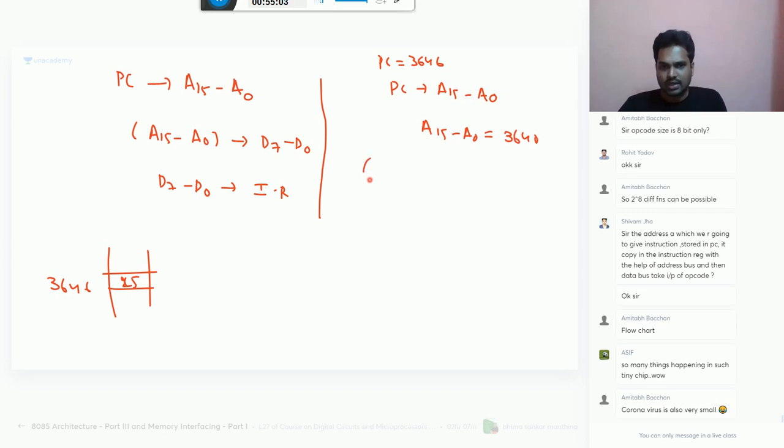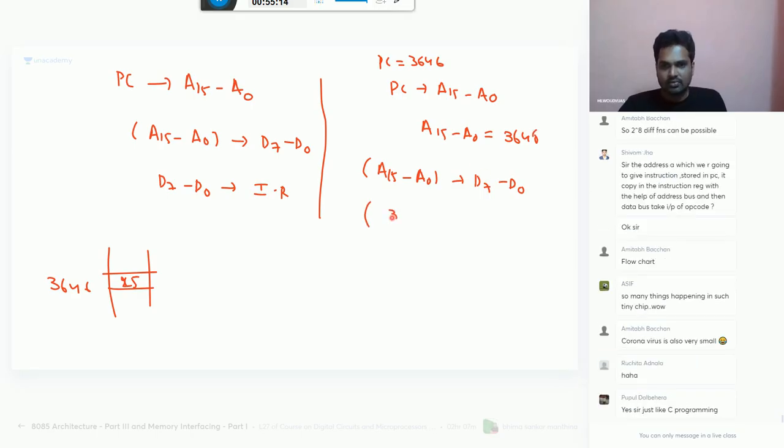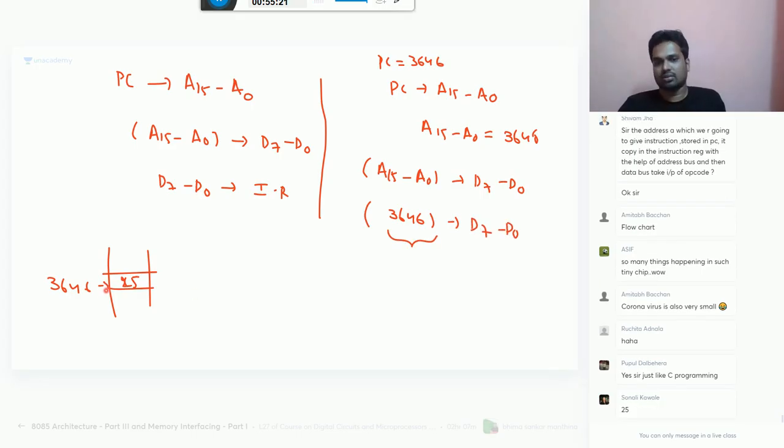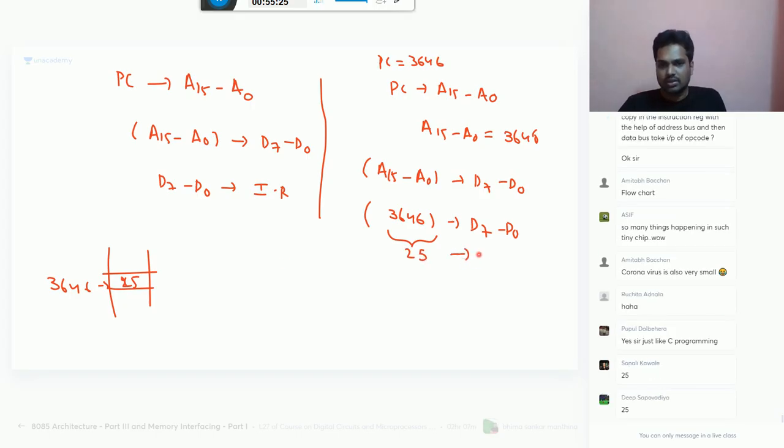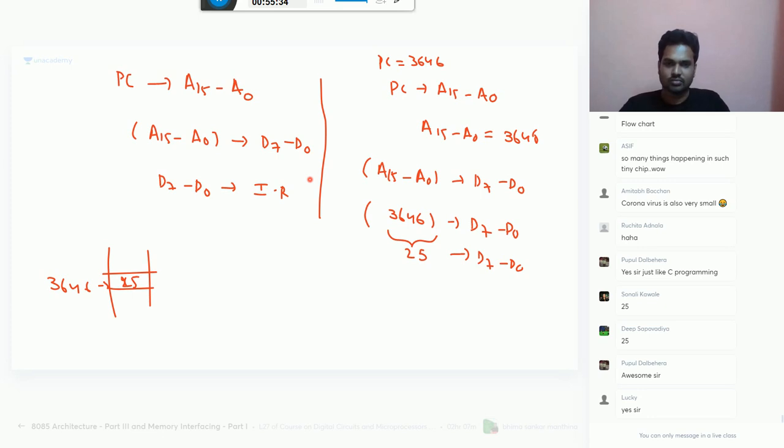Now what I am saying with the bracket is the content of A15 to A0 goes to the bus. So the content of 3646, which is 25, will be copied to the data bus D7 to D0. You understand the difference between the bracket and no bracket, like in your C programming pointers.